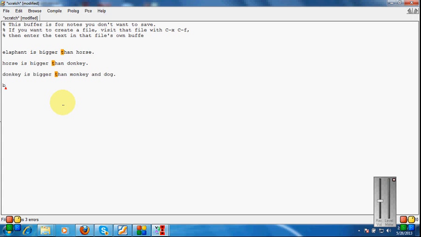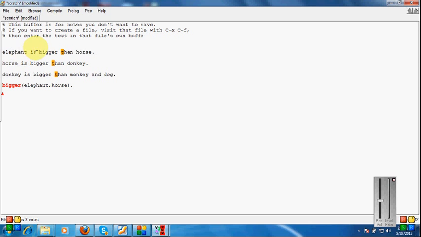So I identified that predicate name is bigger. Bigger is the concept hidden in this statement. Bigger(elephant, horse). Okay, this is my own choice that I have put the bigger one at the first position and the smaller one at the second position.